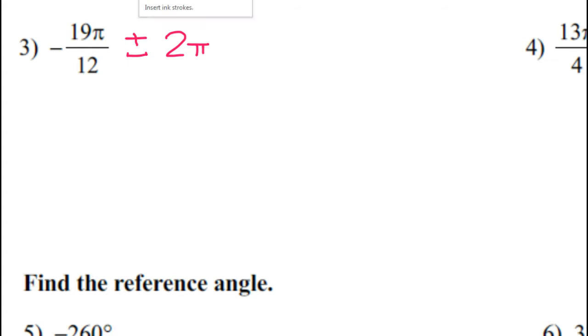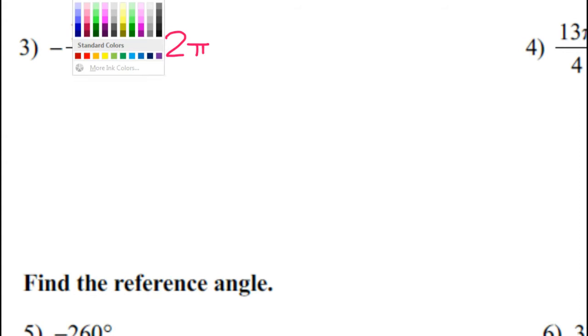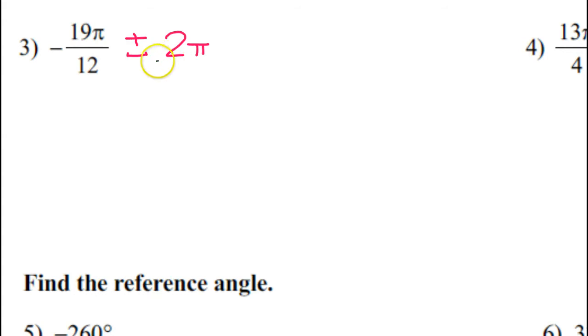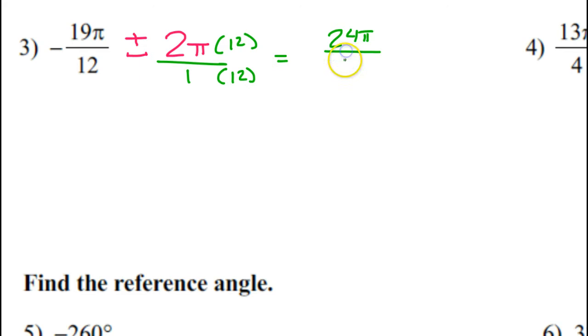So let's think about what 2 pi would be if we wrote it with a denominator of 12. 2 pi is like having 2 pi over 1. So if we need a denominator of 12, we multiply by 12 in the numerator and the denominator. That would be 24 pi over 12, which makes sense because 12 goes into 24 twice.